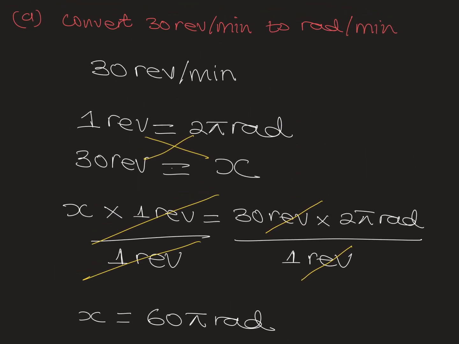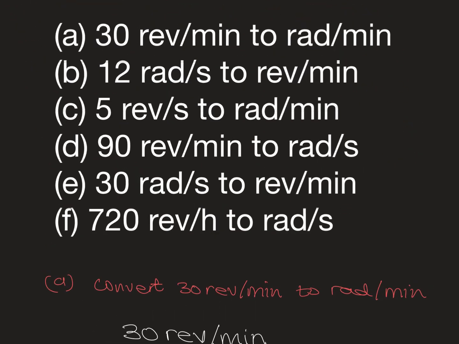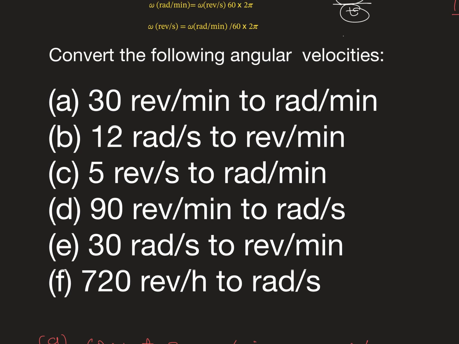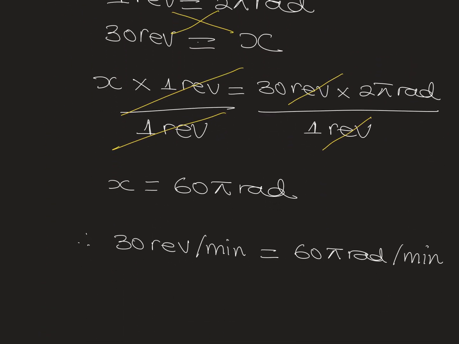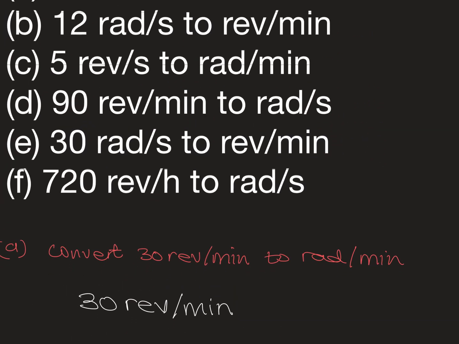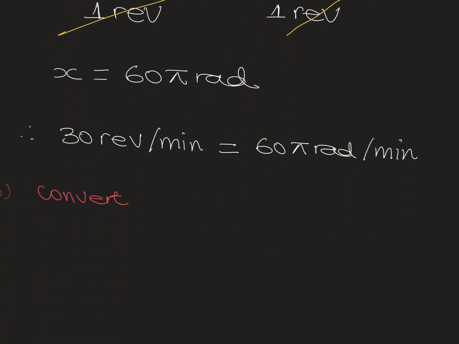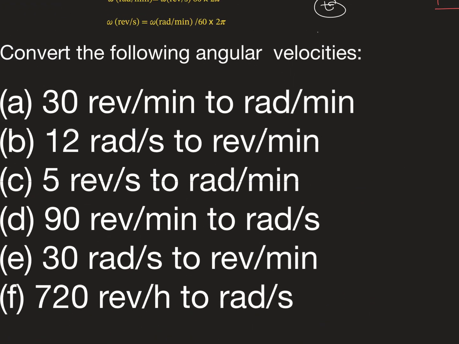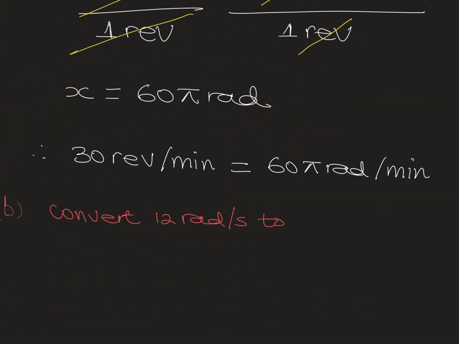Moving on to question B, we want to convert 12 radians per second to revolutions per minute.